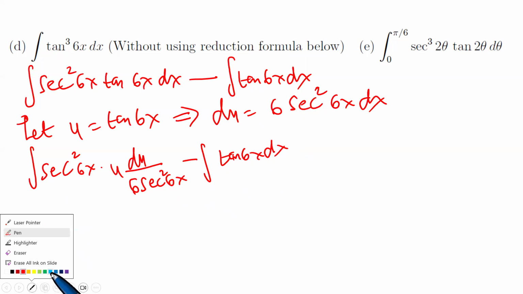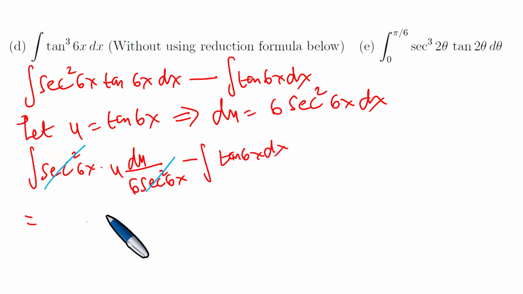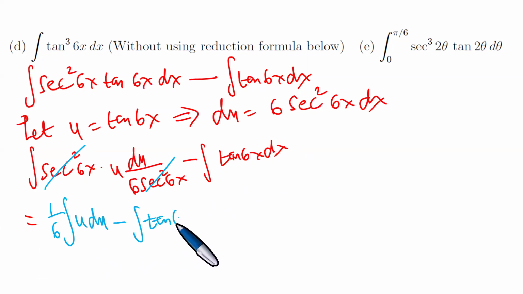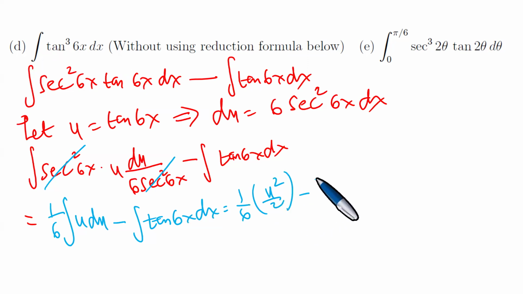Right, now when you check carefully, these secants cancel, and then you have the 1/6 times the integral of u du minus the integral of the tangent of 6x dx, which is 1/6 times the integral, which is u squared over 2 minus 1/6.